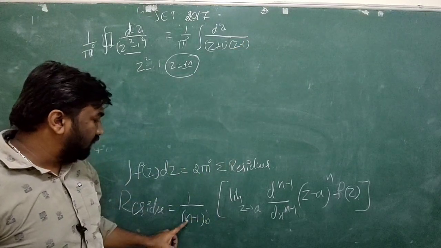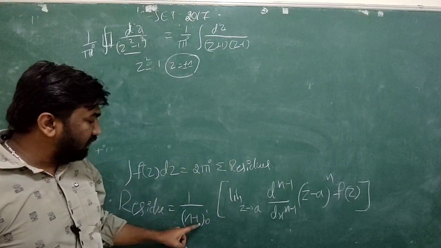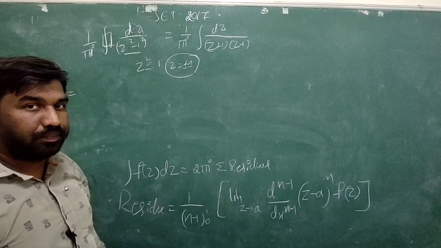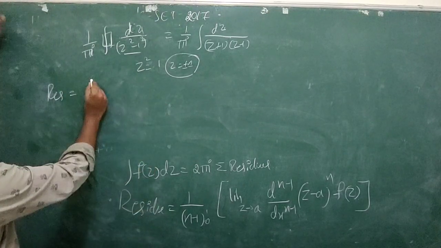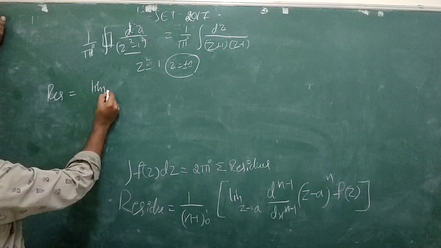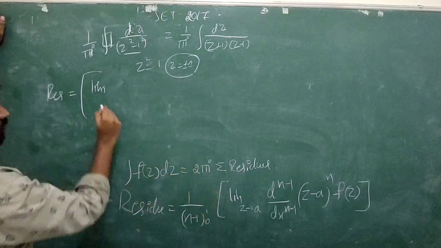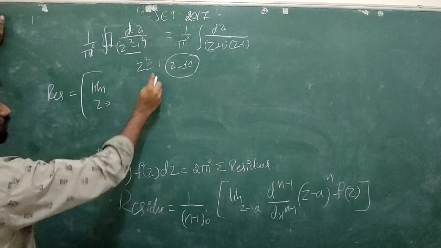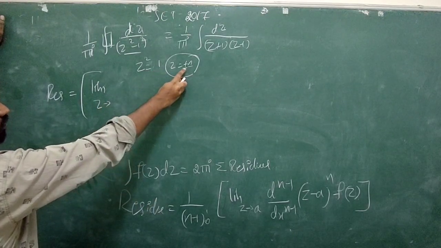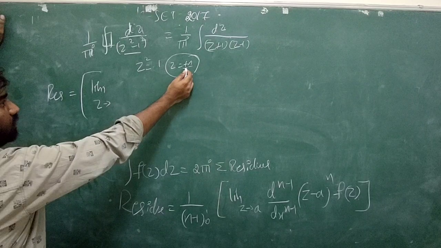So n minus 1 is 1 minus 1, which is 0, so it is 0 factorial. Next, the limit: first I am going to take z tends to plus 1 and minus 1.